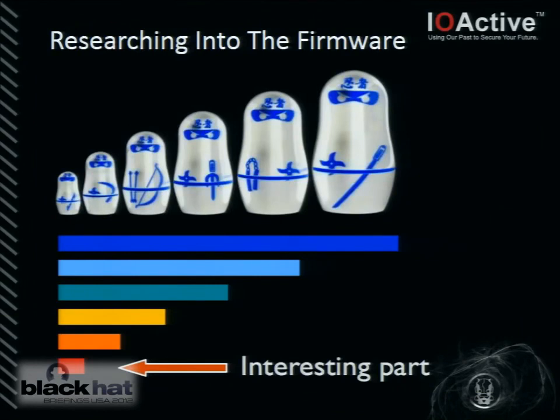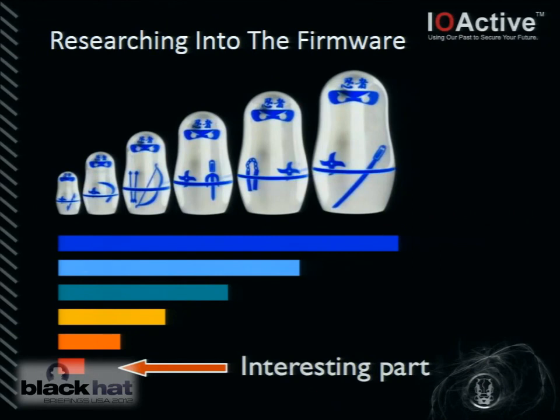When researching into the firmware, one of the things you have to do is identifying all the important things. Sometimes the firmware is a single binary image. You start with a single binary image, but then you find a bootloader, you find a compressed operating system, then you find another compressed blob inside the operating system, and so on.